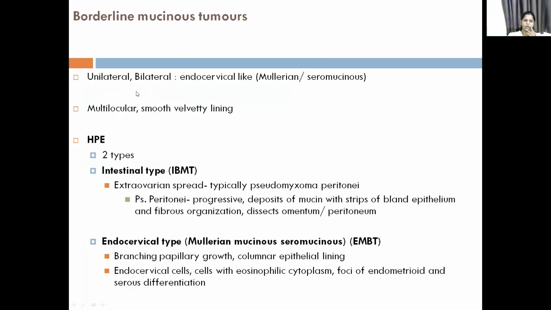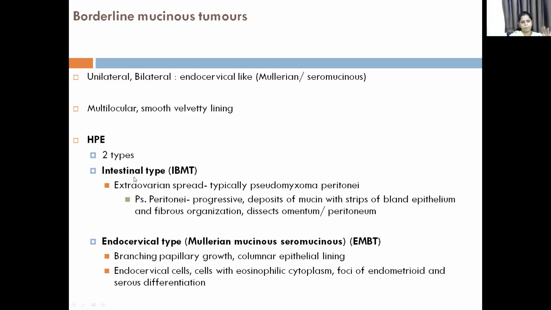Borderline mucinous tumors can be unilateral or bilateral. The cut section is multilocular. On HPE there are usually two types. They can be lined by intestinal type, or endocervical or mullerian type epithelium, the endocervical type borderline mucinous tumors, EBM.